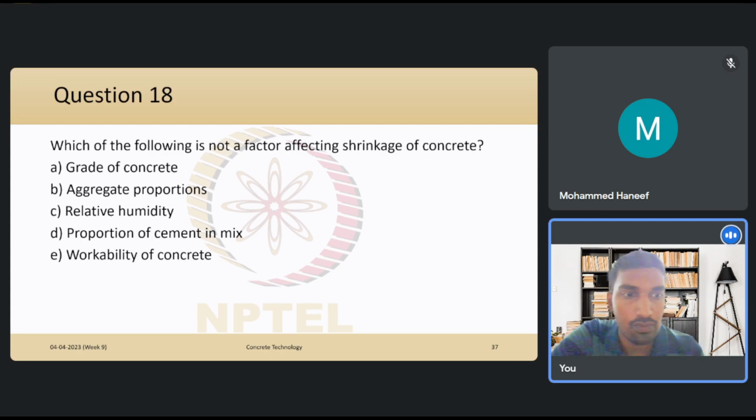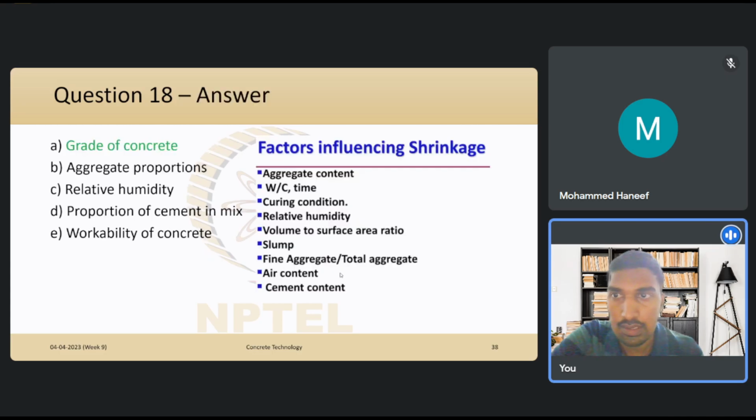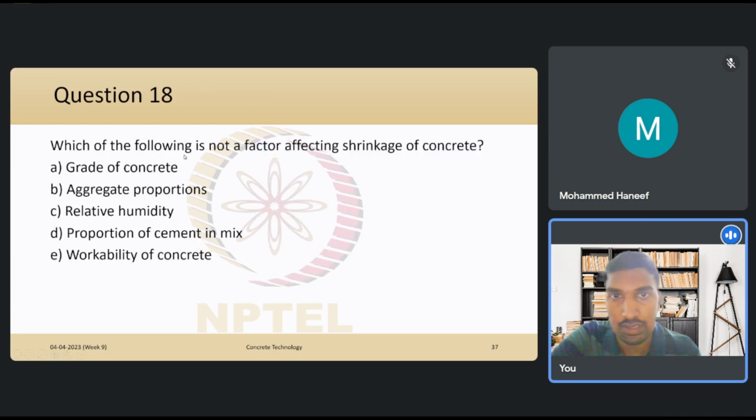Okay, we have one vote for option A, grade of concrete. So it is correct. Option A, grade of concrete, is actually not a factor that influences shrinkage.